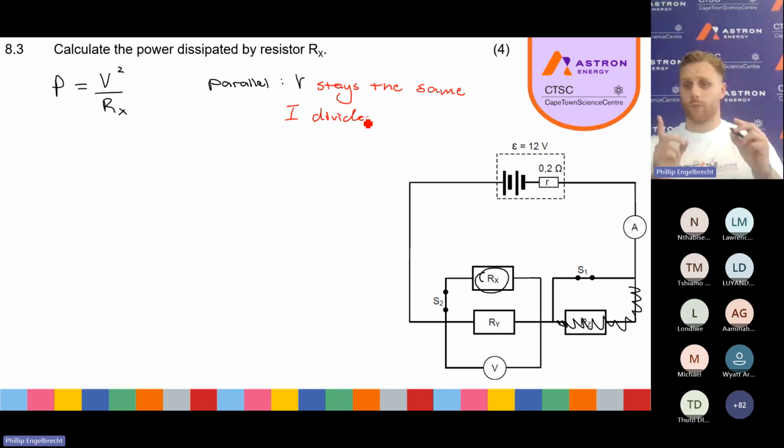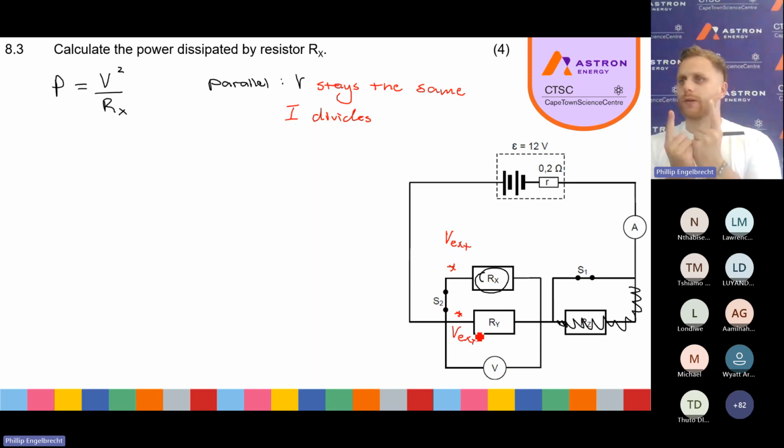That means that the voltage going through this branch is the same as the voltage going through this branch. Now, what is the voltage being supplied here? Because I only have those two resistors in parallel, the voltage going through this branch is my external voltage. And the same can be said for this branch.